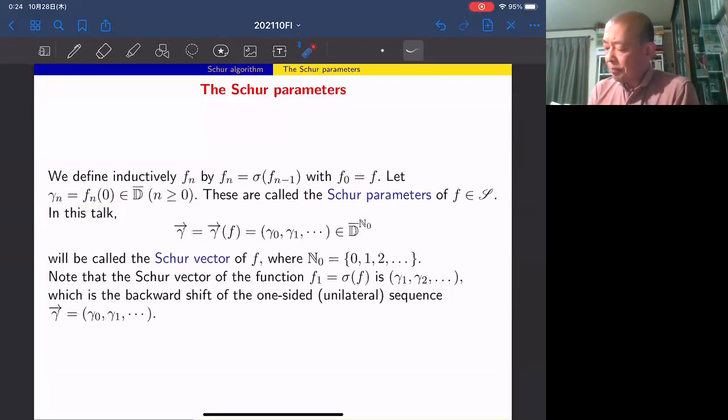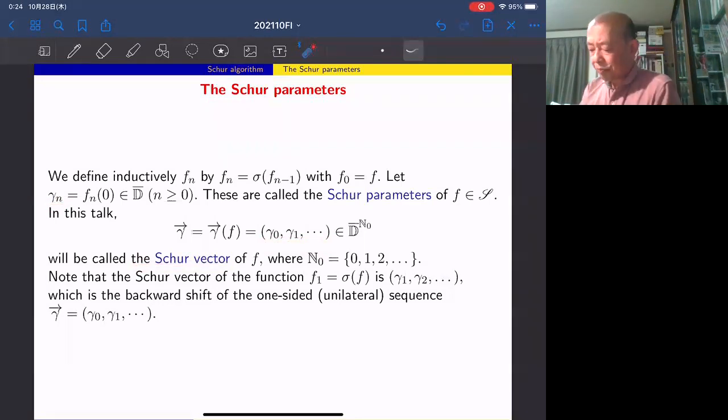Now we can consider the sequence of these numbers, and these are usually called Schur parameters. But in this talk, let us call this sequence the Schur vector of the function f.